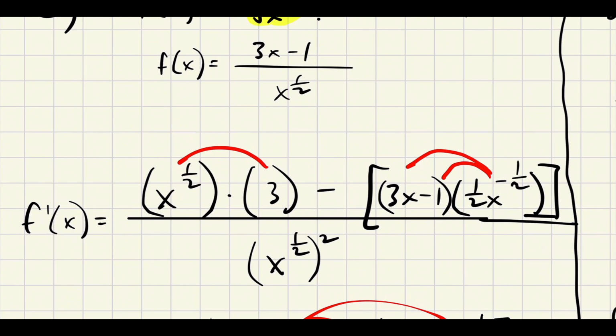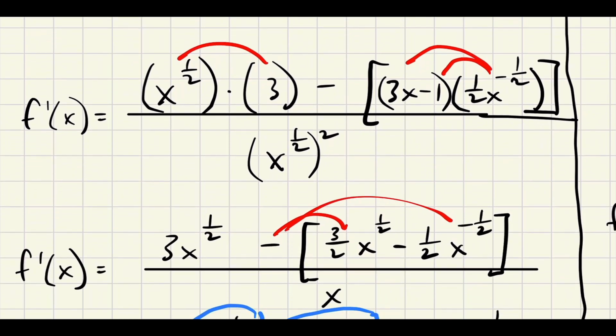The hardest part about this is the fraction power, because then you have negative powers, right? That's the power rule. So the derivative of x to the 1/2 is 1/2 x to the negative 1/2. And then the bottom is just squared. Well, 1/2 power times 2, it just makes 1. So the bottom is just going to be x.